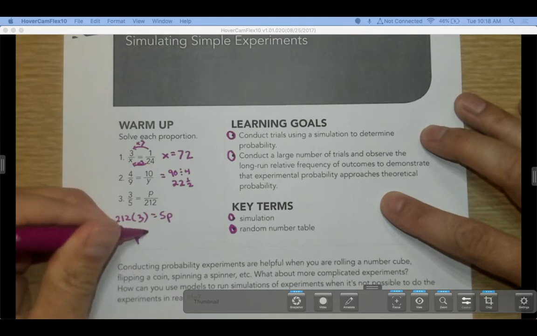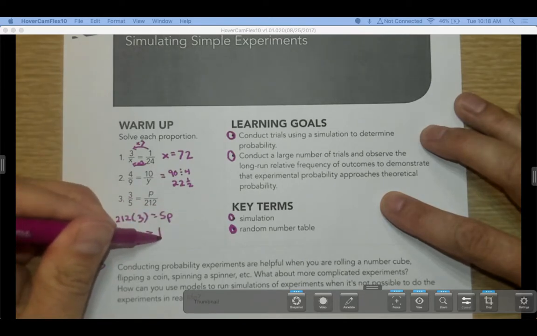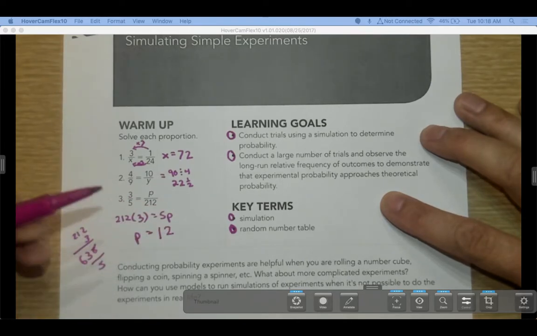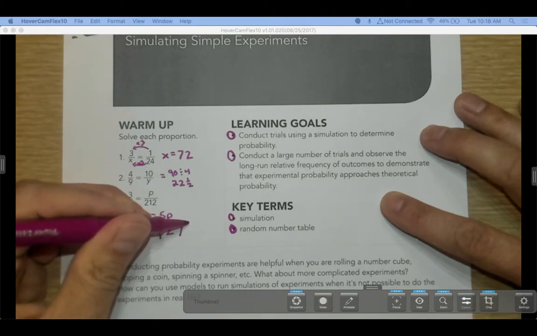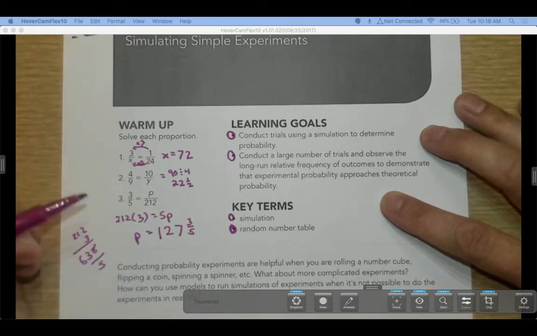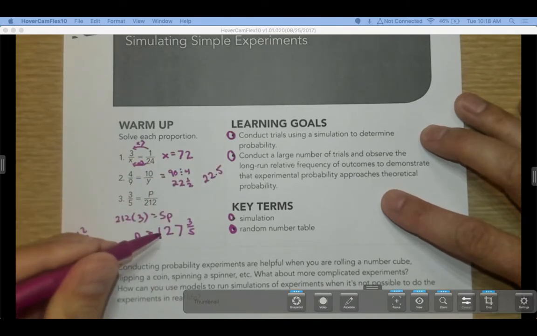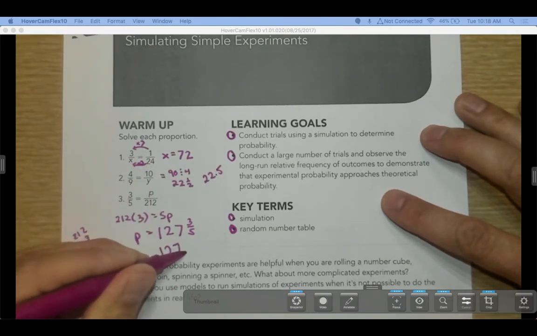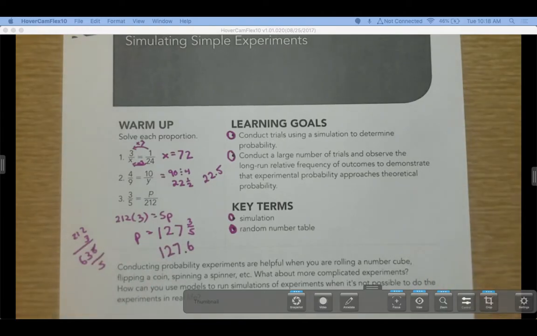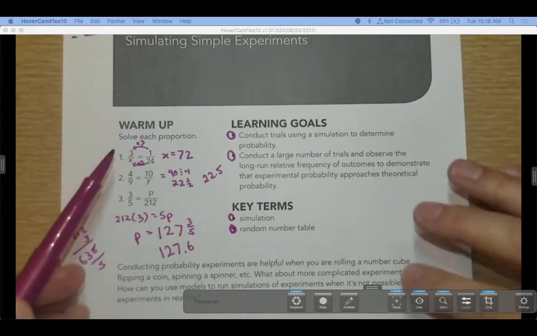And so P would be equal to 127 and 3/5. Writing these as decimals, this would be 22.5, and this one would be 127.6.